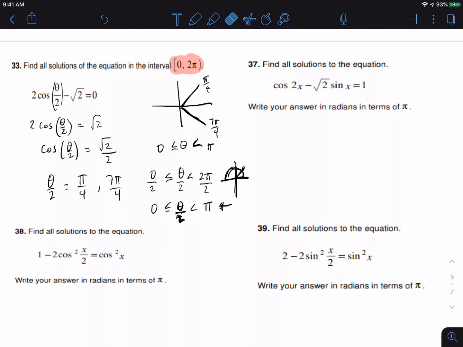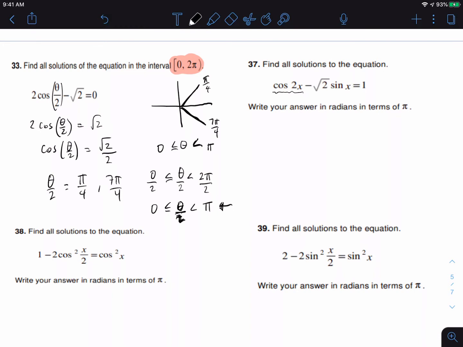Okay. Let me go and do 37. So 37, we have cosine of 2x and we have sine of x. But do we want to have different trigonometric functions? Right? We don't want that. And since we don't want different trigonometric functions, I need to convert that cosine of 2x.